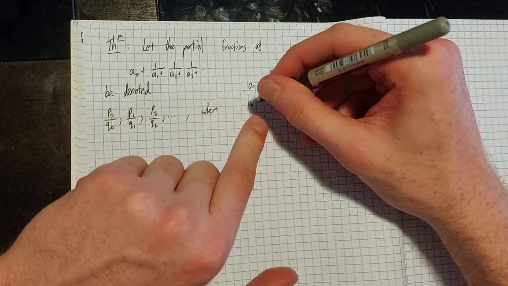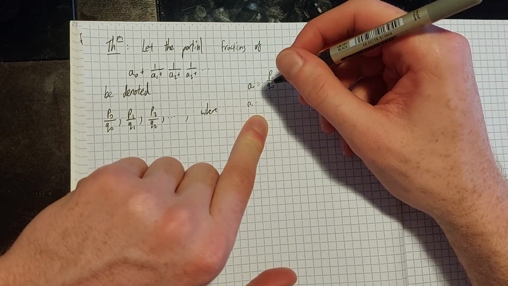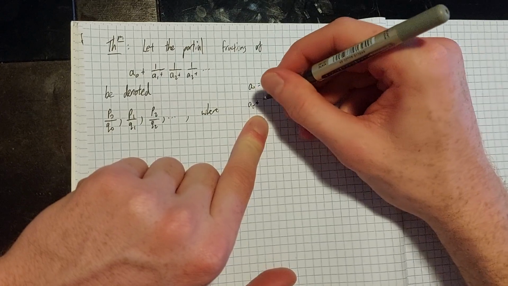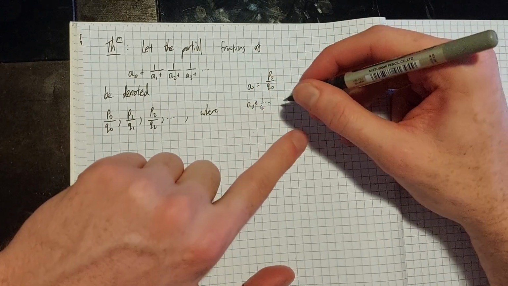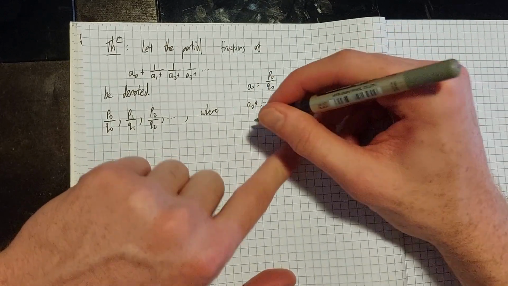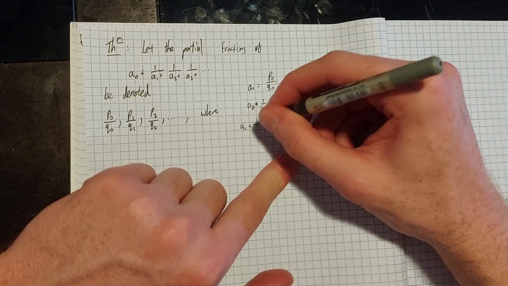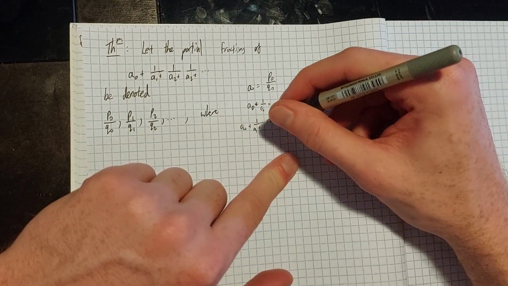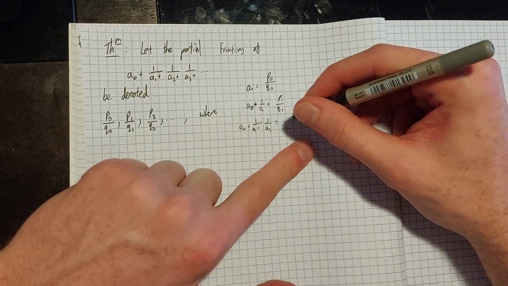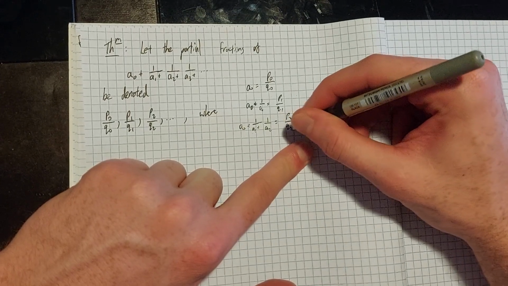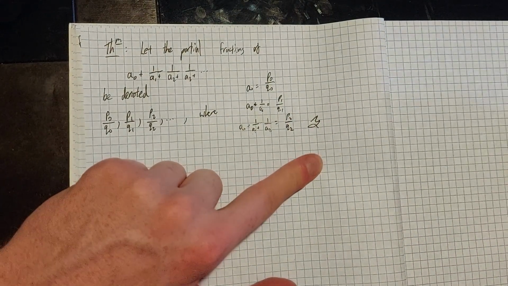And we also have that a0 plus 1 over a1 equals p1 over q1, and then a0 plus 1 over a1 plus 1 over a2 is equal to p2 over q2, and so on and so forth.